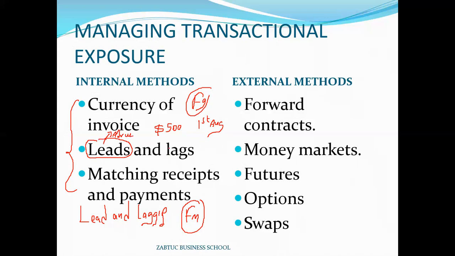But if you know that actually the dollars will be much cheaper in August, you delay the payment. So you either make an advance payment or you delay. What are you taking advantage of? We want to take advantage of the rise and fall, or the fluctuation, in the exchange rate.